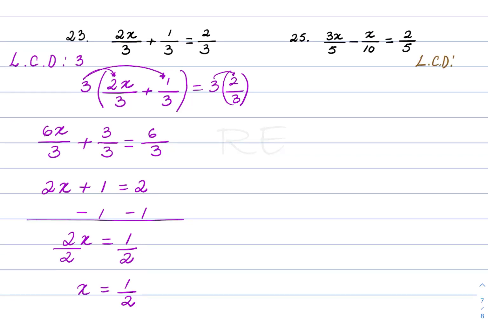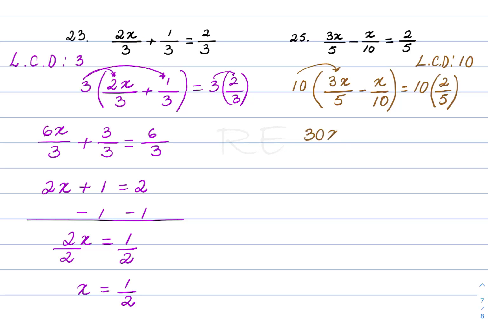The lowest common denominator between 10 and 5 is 10. 10 is 2 times 5. We're going to multiply both sides by 10 to clear the fraction. x over 10 is equal to 10 times 2/5. 10 times 3x, 30x over 5.